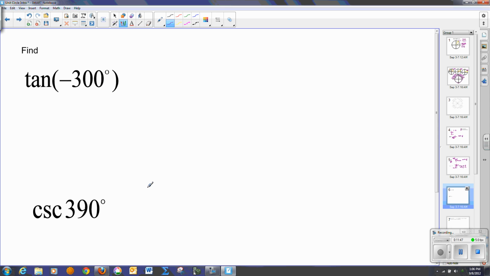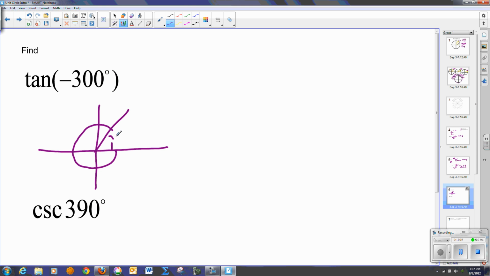Let's move to the next example. Now I'm going to find the tangent of negative 300 degrees. So where's negative 300 degrees? Well, if I go in the negative direction, stop 60 degrees short of 360, this is where I am.